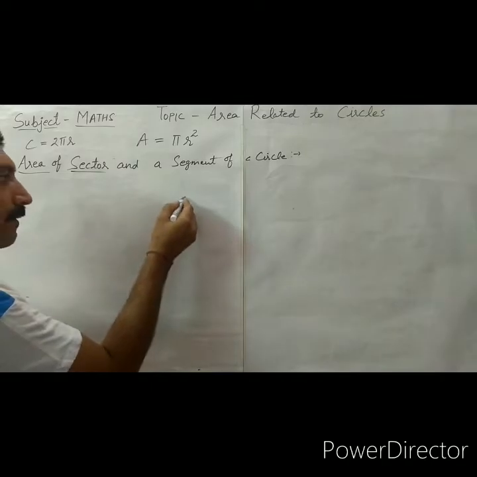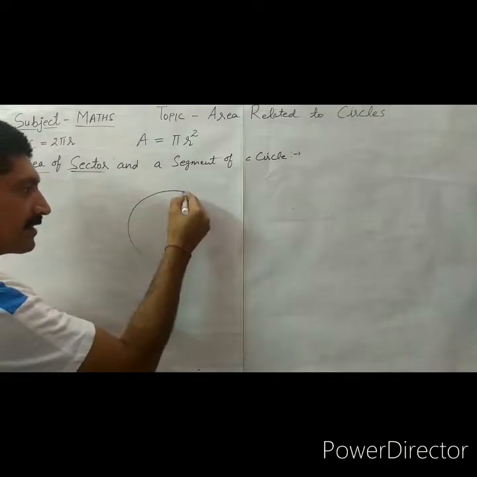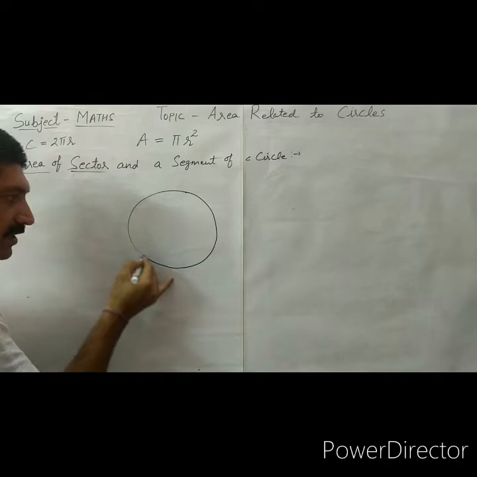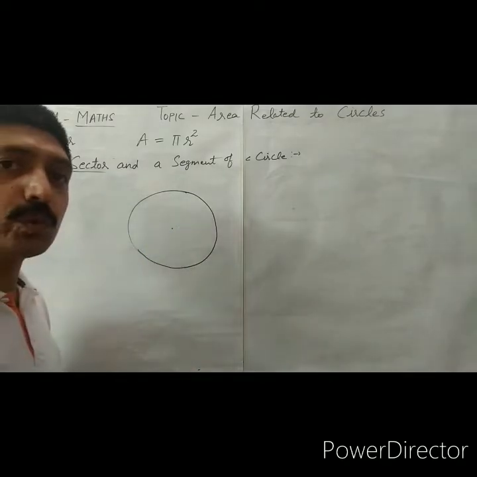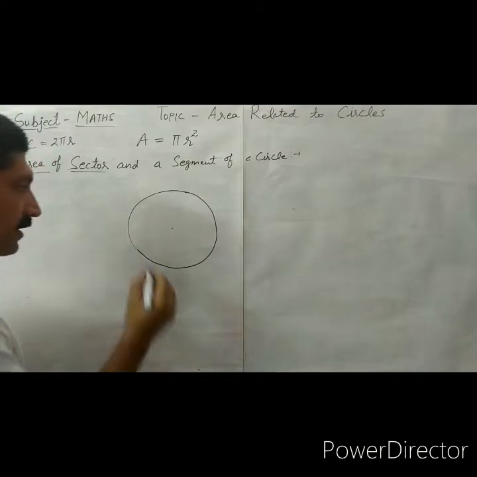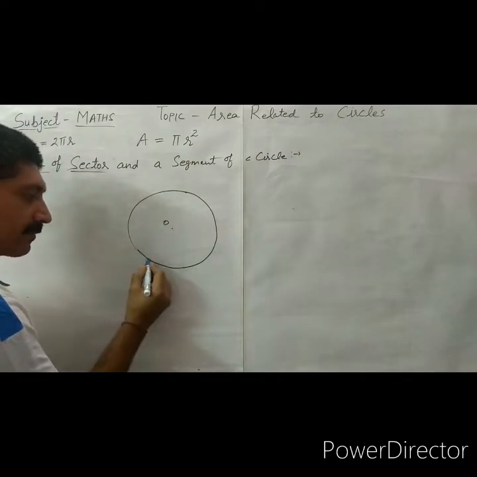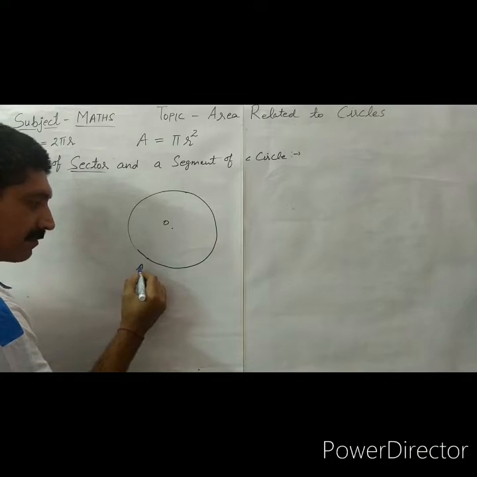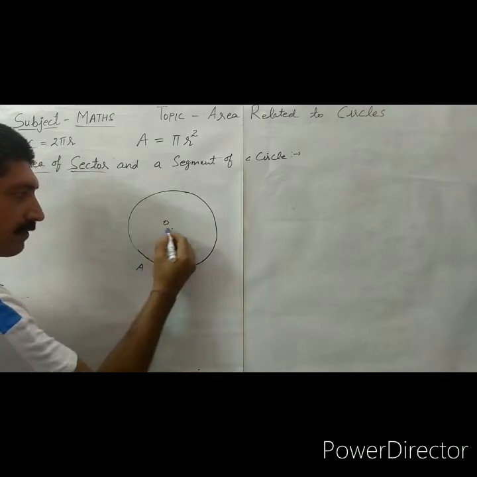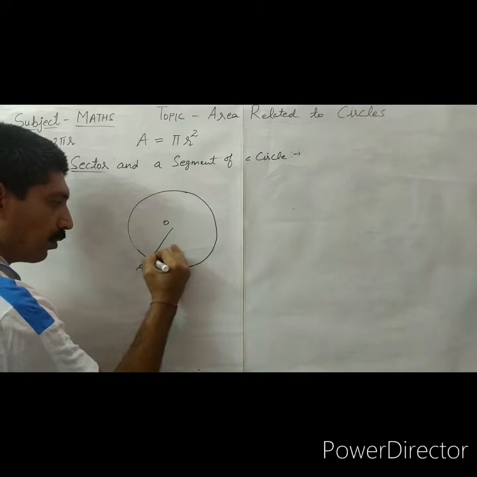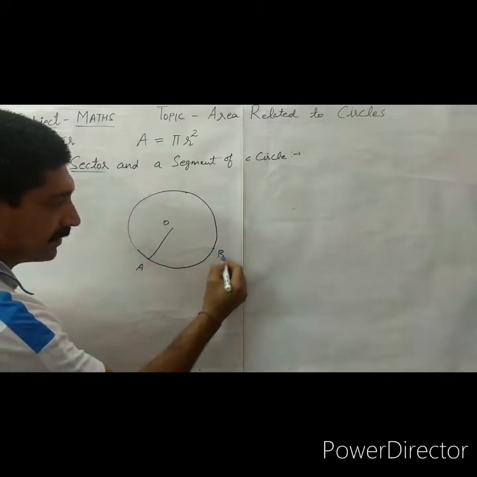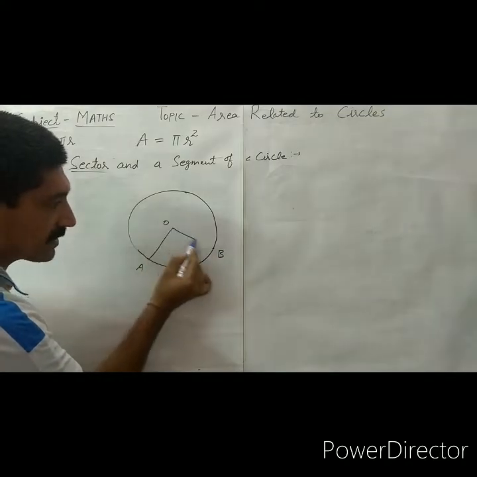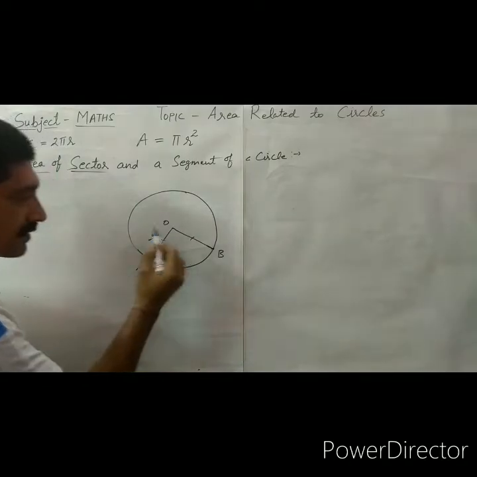So if we have any circle with a center O and we have two radii, O is the center, let A be the point on the boundary of the circle, then OA is one radius, and let B be another point here, so OB is another radius of the circle.